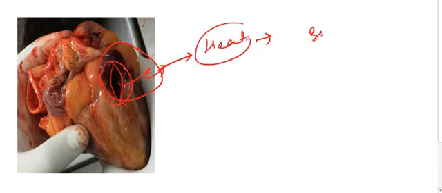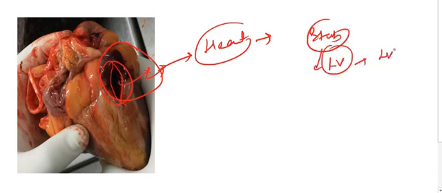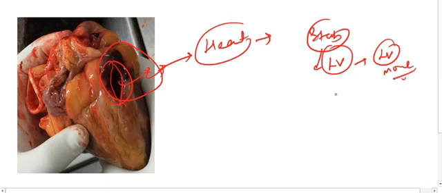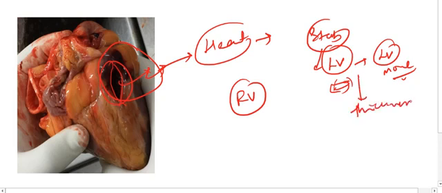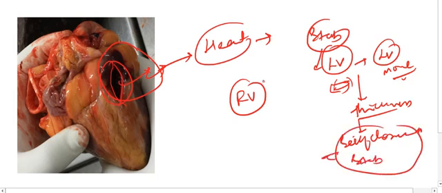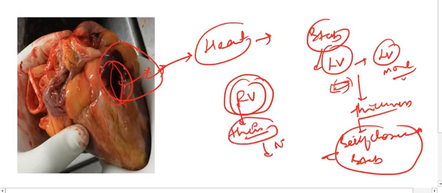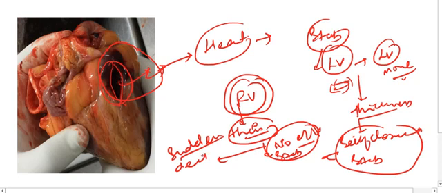and if the stab wound is on the left ventricle, the wall of the left ventricle is thicker as compared to the right ventricle. So left ventricle wall thickness causes self closure of the stab wound for some time. But the right ventricle wall is thin, so there is no effective closure of the stab wound, and that is responsible for sudden death.